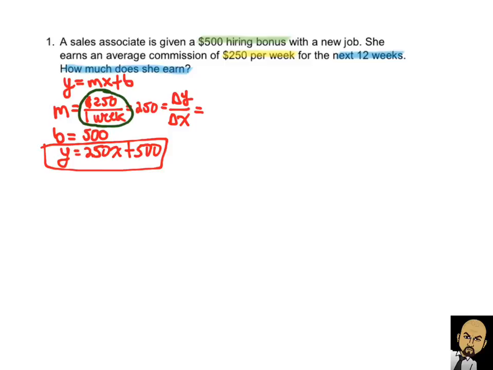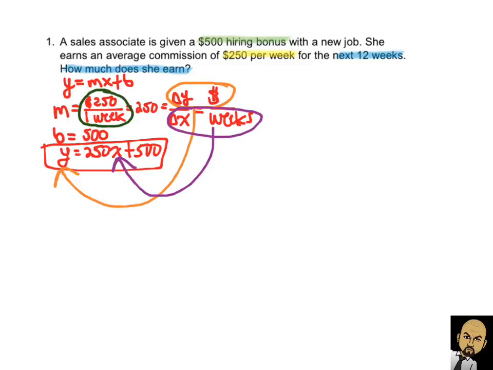Because the units that go with the y, your dependent variable, are dollars, and the units that go with the x, your independent variable, are the number of weeks. So the y represents the number of dollars, and the x represents the number of weeks.